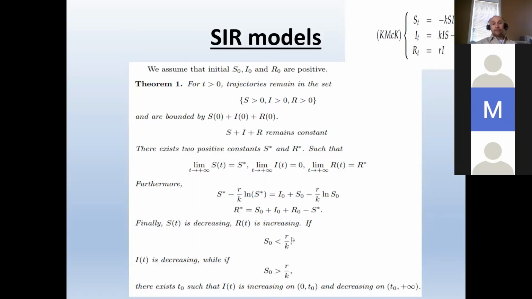I said that if S0, the initial condition, so S at time 0, is less than R over K, which are parameters given in this model, this is defined at the beginning and does not change, it's fixed, then I of t is decreasing for all time.